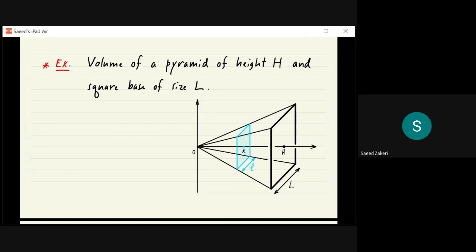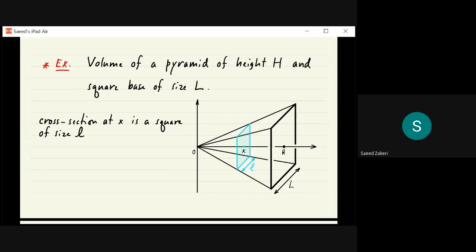So the cross section at x is a square of size, I don't know, some l.